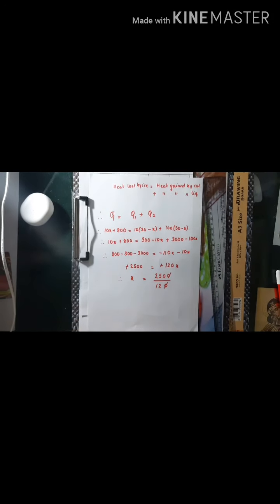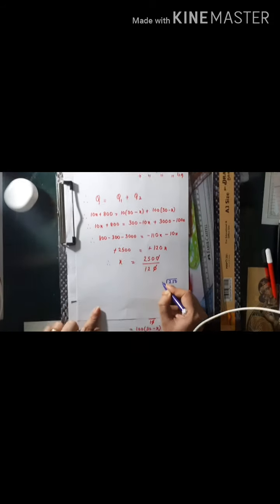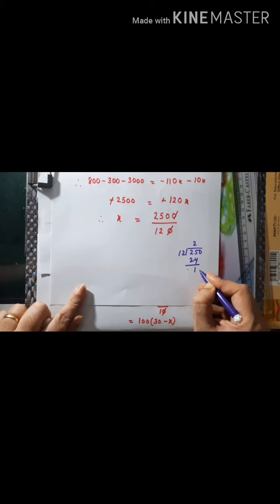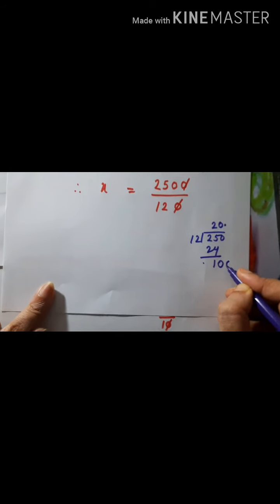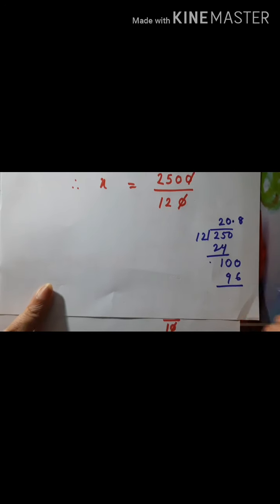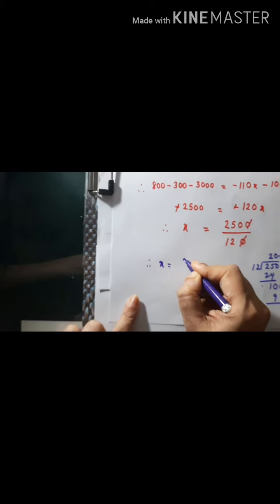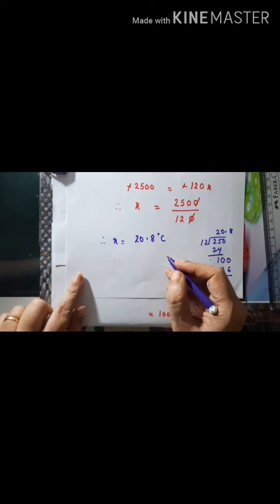Now, in your rough work, you divide 250 by 12. 12 twos are 24. 1 remainder. This 10 doesn't go, so you put a 0 on top. 12 eights are 96. Okay, 4 remainder. It does not matter. Therefore, x is equal to 20.8 degrees Celsius.